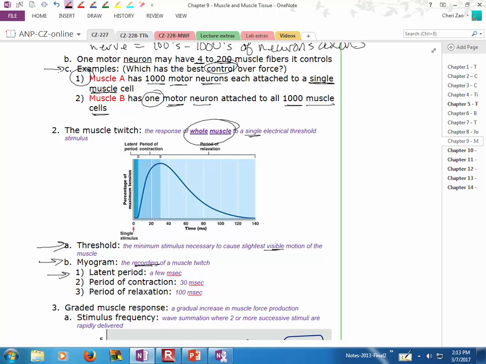And still, we have a latent period, which you know is the opening of the calcium gates in the sarcoplasmic reticulum, calcium diffusing out into the sarcoplasm, binding to troponin, moving tropomyosin out of the way, and so on. All of that is occurring even in this latent period. We have a latent period even with a direct electrical zap or voltage change of the muscle cell itself.